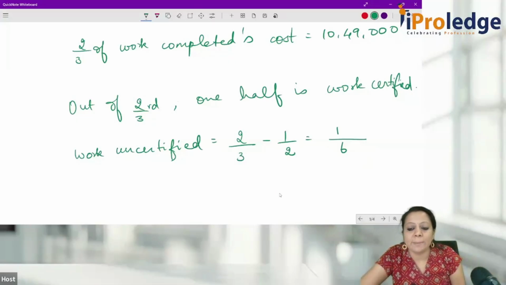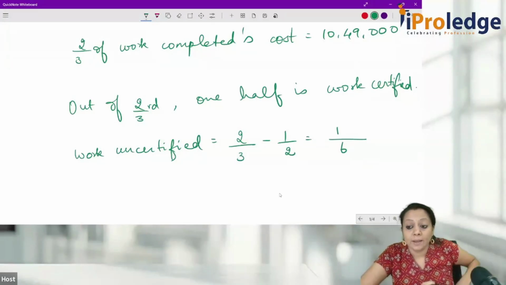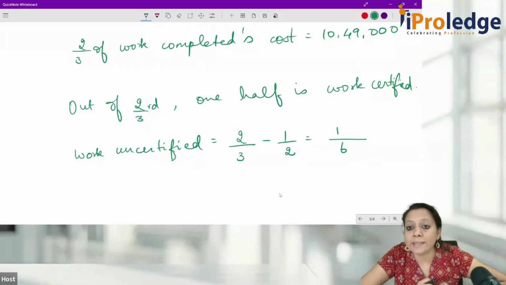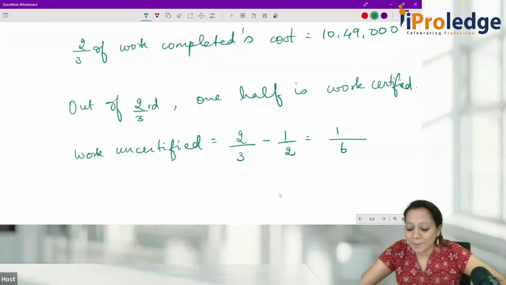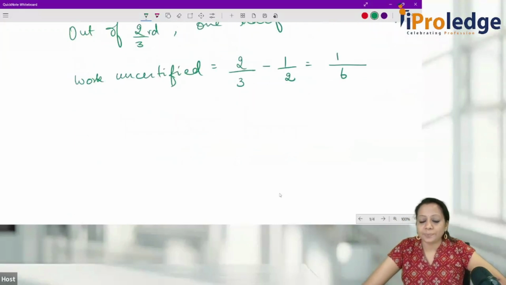So 2 by 3 minus 1 by 2 is equal to 1 by 6. Now you may ask me, ma'am, one half of the contract price itself work certified is given. But I am talking about the cost of work uncertified. That is why I am taking 1 by 2 out of completed. Yes. So now we will proceed.